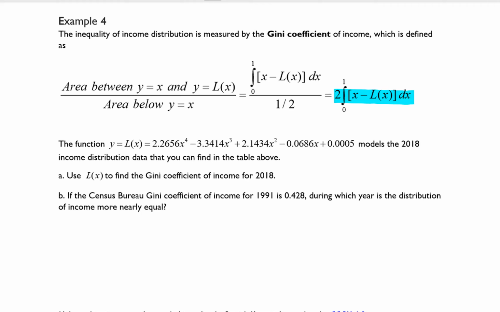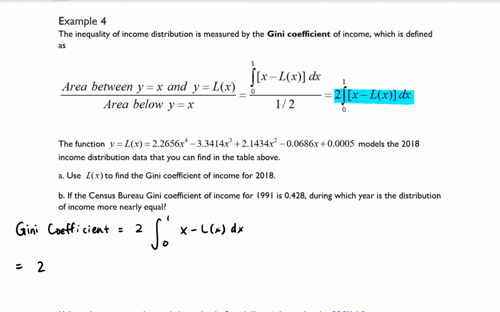Part A says use L of x to find the Gini coefficient of income for the year 2018. So Gini coefficient is equal to 2 times the integral from 0 to 1 of x minus L of x dx.